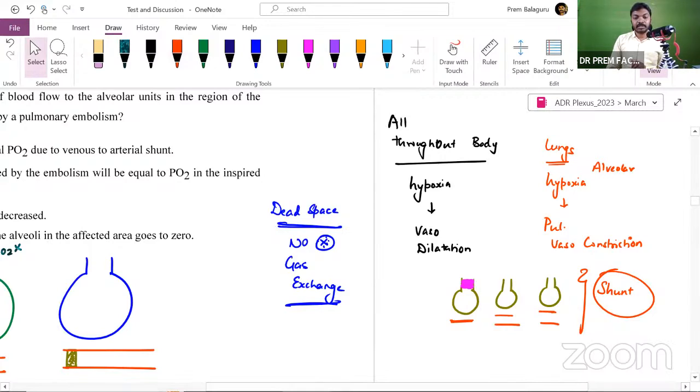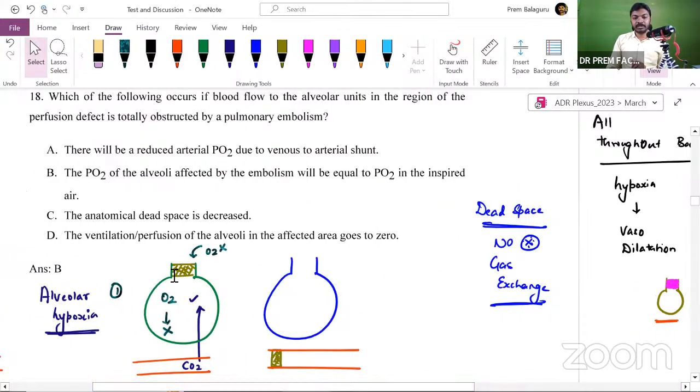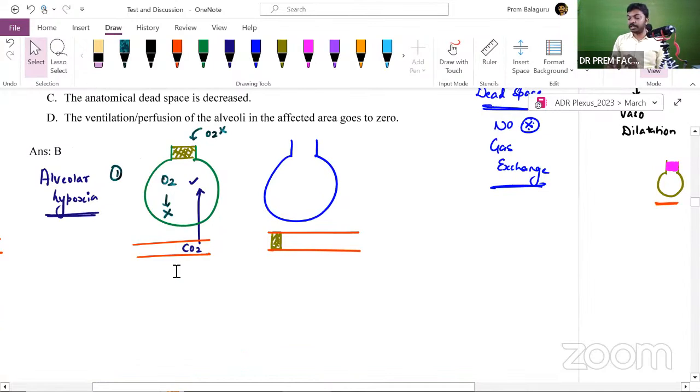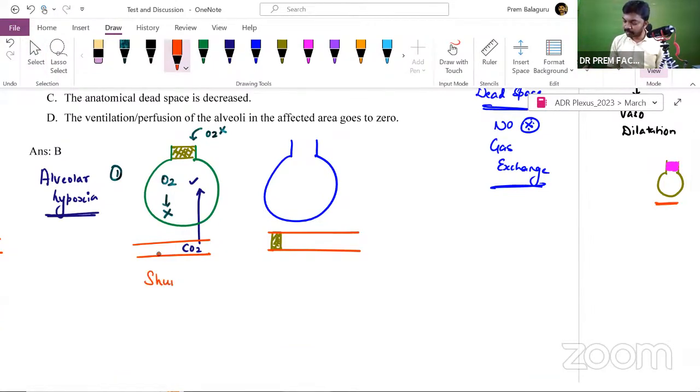All right, people, so let me be clear here. When it comes to the first alveoli, you're going to see blockade of alveoli. This condition is called shunt, doctors. This is not dead space. When you consider the second example here, you're seeing a vasculature completely getting occluded. It may be a thrombus or thromboembolism, or complete severe right heart failure where there is no cardiac output from the right ventricle into the lungs, or severe massive pulmonary stenosis, where no blood is getting into the pulmonary arteries and capillaries.